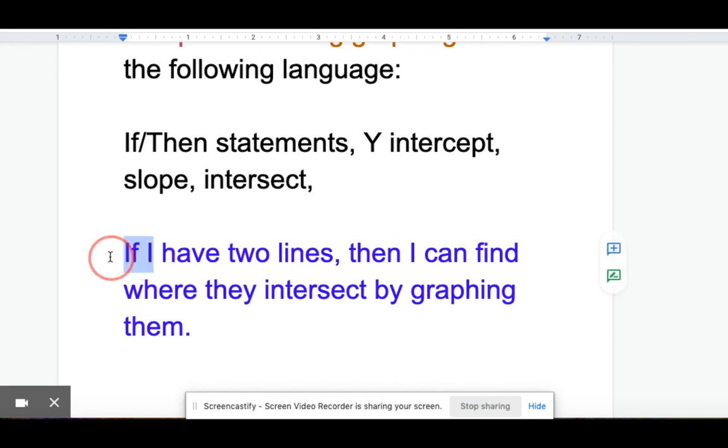So here's an if, this, then something else. So that's an if-then statement where you say if this, then that. And I already used the word intersect. So now you have to also try to add in the words slope and y-intercept to finish explaining what you learned.